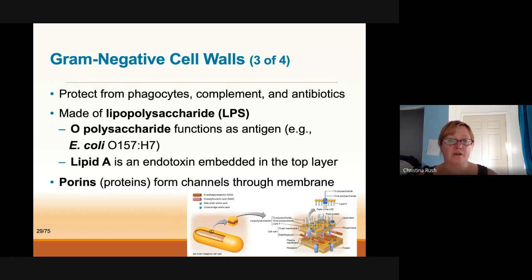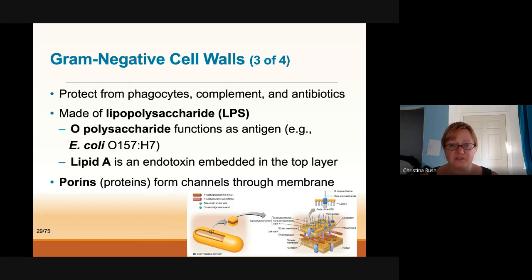These cell walls are made up of the lipopolysaccharide LPS O polysaccharide. The O polysaccharide functions as an antigen. For example, we're looking back at our E. coli where we have the O polysaccharide as O157. Again, that number that comes after the O is just a category.